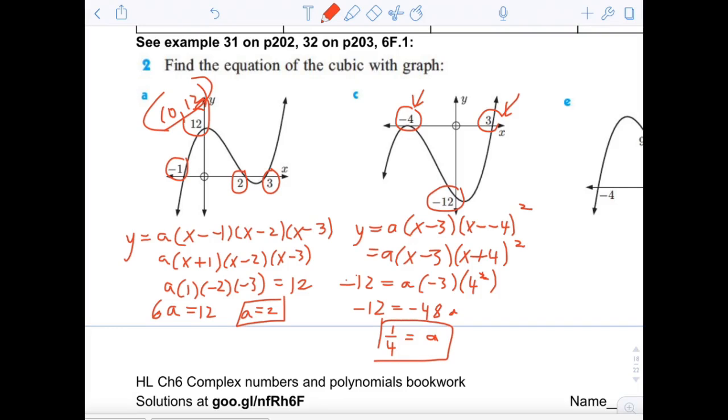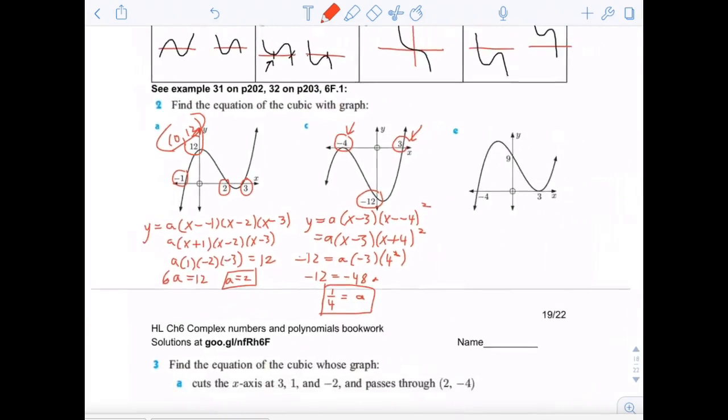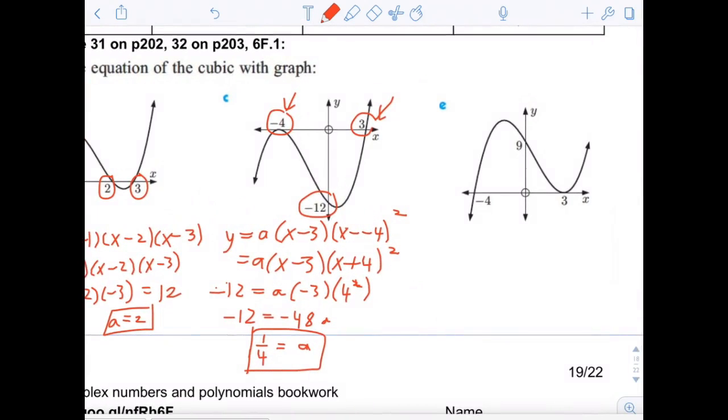Okay. And last of all, we have this one. It's got 2 roots, -4 and 3. 3 is a double root, so it looks like a times (x plus 4) times (x minus 3) squared.